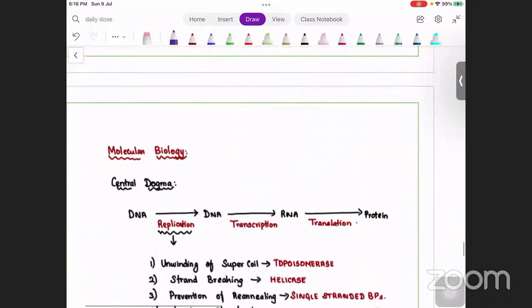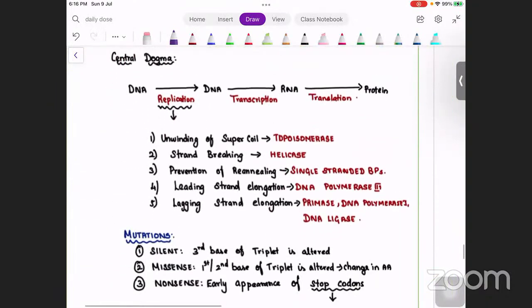Now, what is the central dogma of molecular biology? DNA to DNA is replication, the synthesis of RNA from DNA is transcription, and the synthesis of protein from RNA is translation.